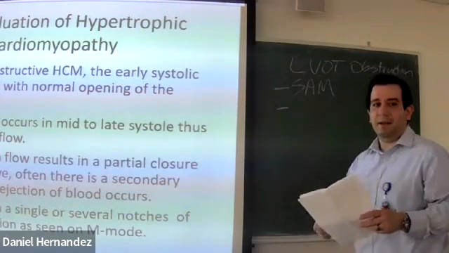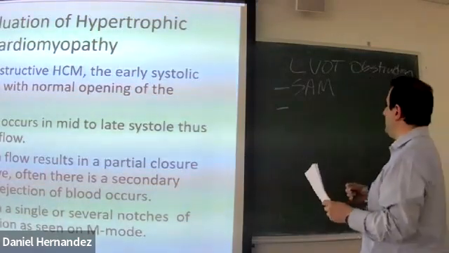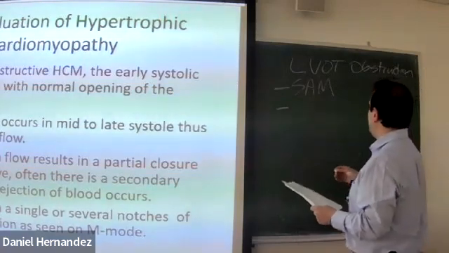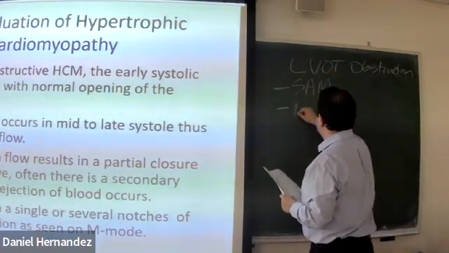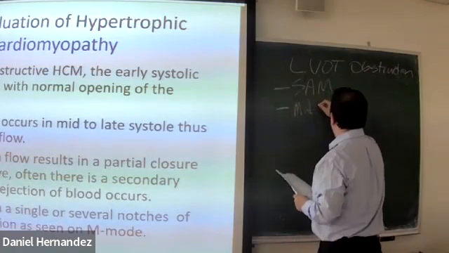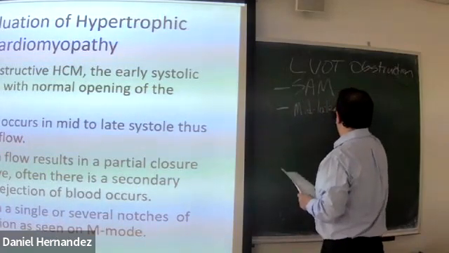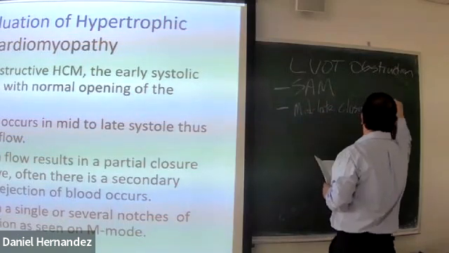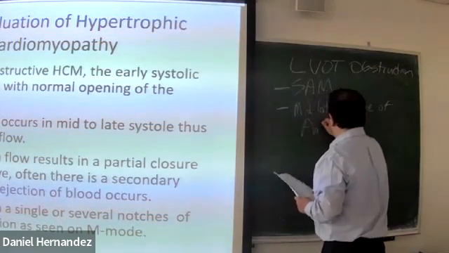So this is that mid-systolic notching that we could see, with mid to late systolic notching. So we can say there's mid to late closure of the aortic valve.